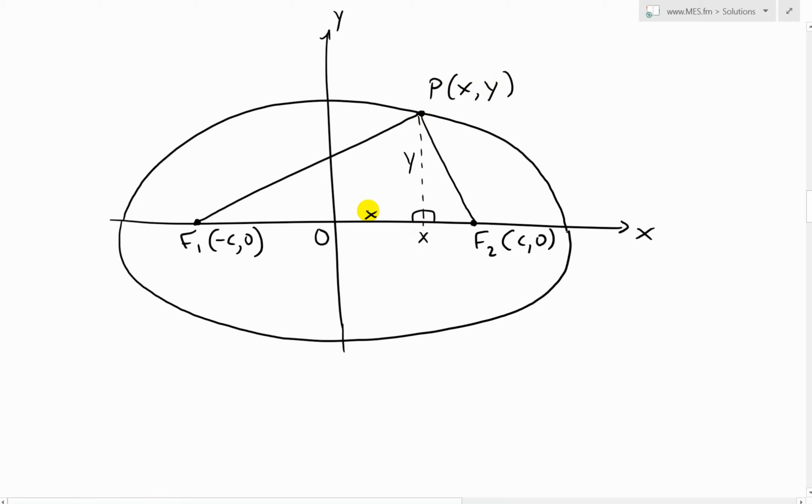And now what I'm going to do is let the sum of the distances from a point on the ellipse P to the foci be 2a, which is that constant, and this is just greater than 0.